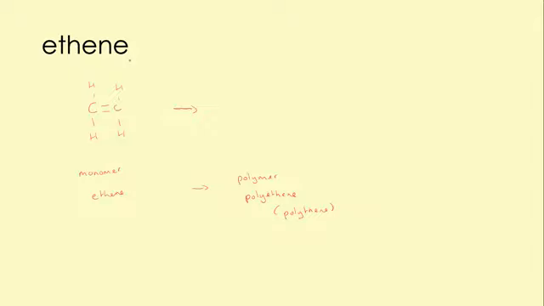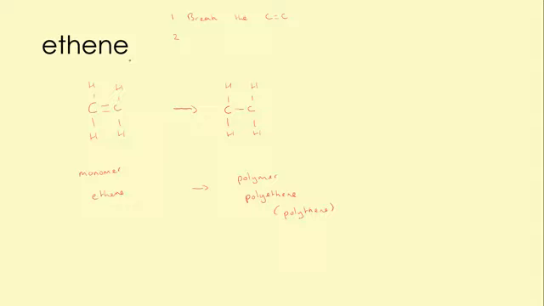So you get multiple of these ethene molecules reacting with each other to form a big long chain. If you're going to draw out the polymer structure from this, the first thing you do is break the double bond. So I'm breaking the carbon-carbon double bond. I've kept the single bond there, but I've broken the double bond.